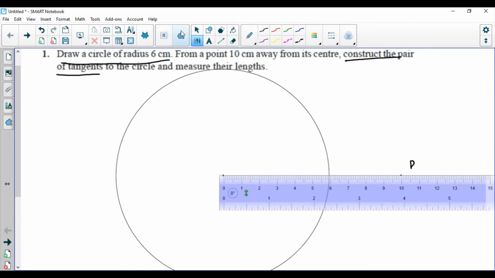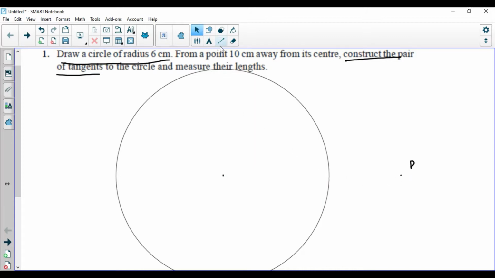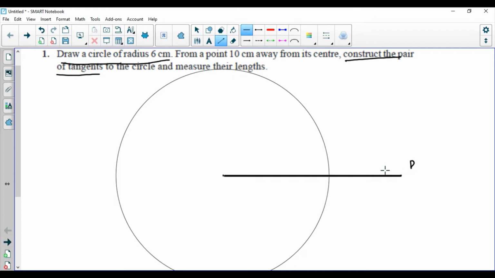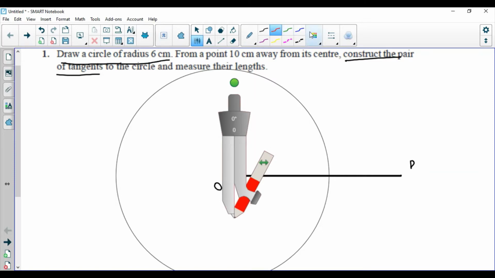Okay, so now we have to draw tangents from this point P. So first of all, we will join both the points, that means center and this point P. Okay, your center is O. Now draw the perpendicular bisector of OP.